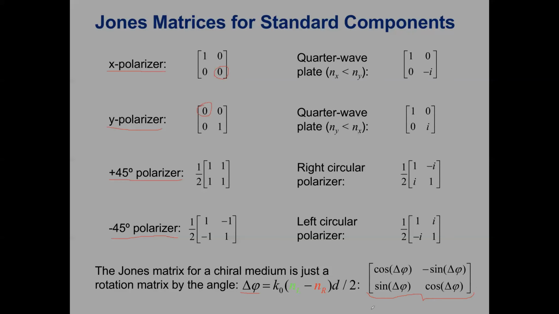So if you want to model, for instance, a Faraday rotation device that rotates by an angle of 30 degrees, just put in 30 degrees for delta phi here and multiply by the column vector for your initial polarization, and you'll get out your final polarization. Most physics majors have done a lot of matrix multiplication at this point.